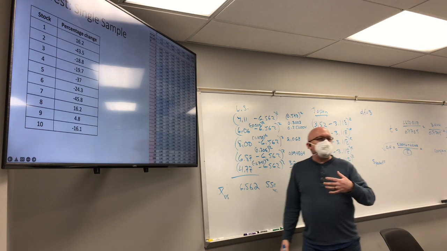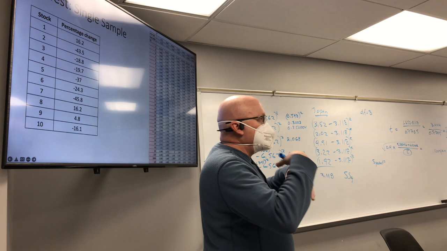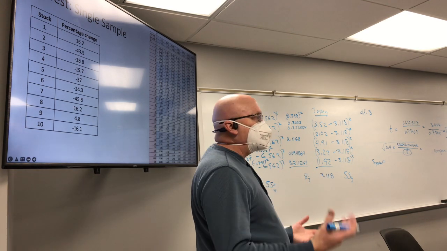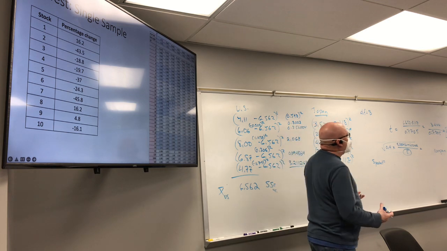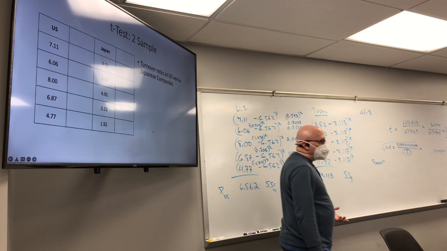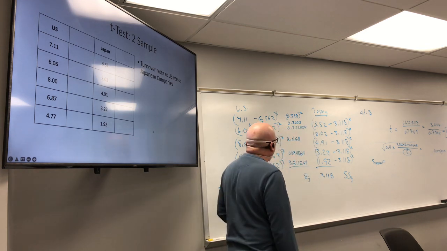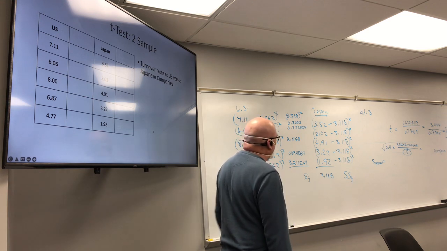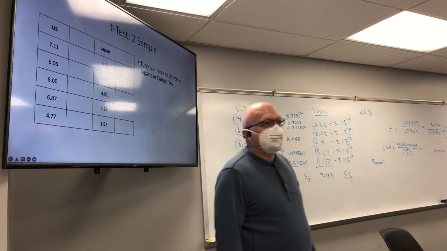Now, whether or not this high turnover rate accounts for differences in productivity and things like that is up to a business person who's doing the interpretation. But the fact of the matter is that there is a difference between these two sets of data. The difference is about 3.5 percentage points in terms of percent turnover.